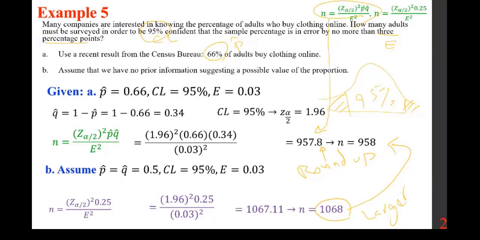What does it mean? It's a more conservative estimate, meaning if I have no idea what to use, I'll go with the worst case scenario just to be on the safe side. And that means we are going to have a larger sample size. By the way, if 1068 will do the job, can I go with 2000? Of course. But this is the minimum I need. And remember, we are always restricted by time and money.